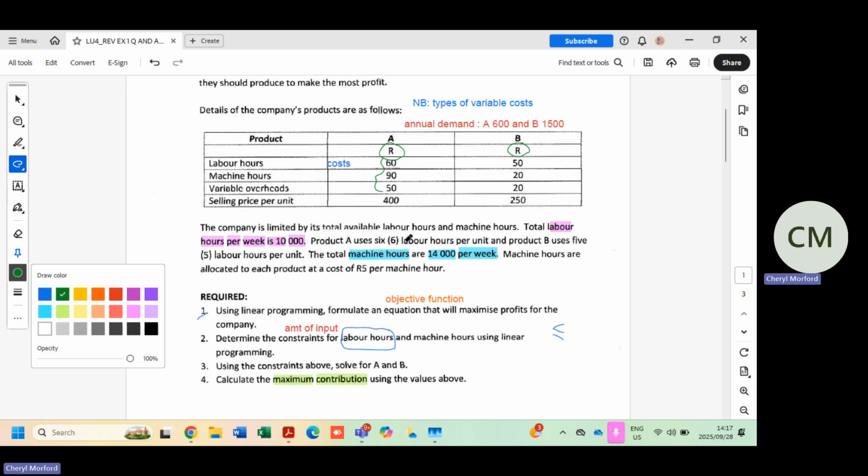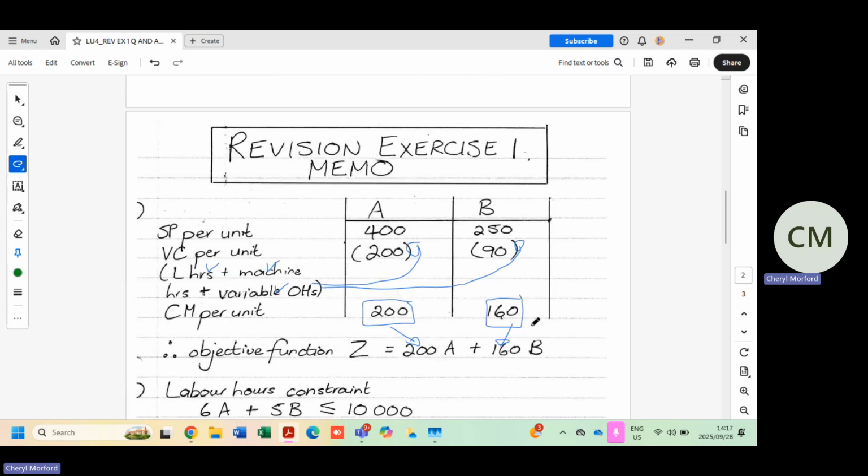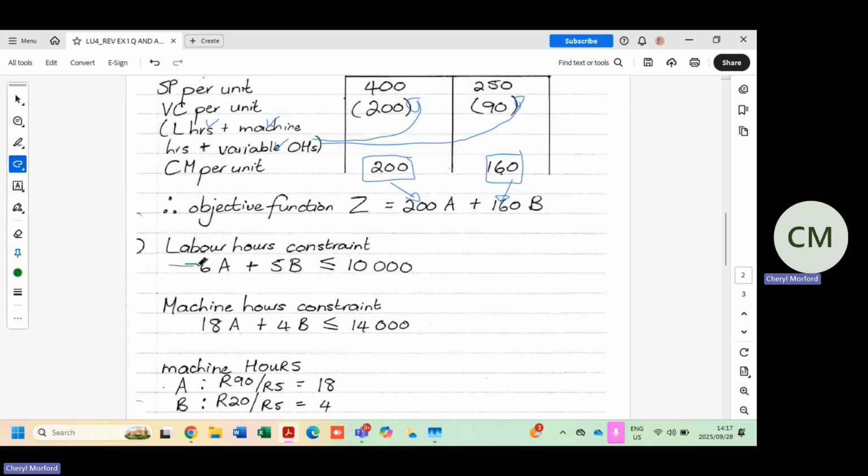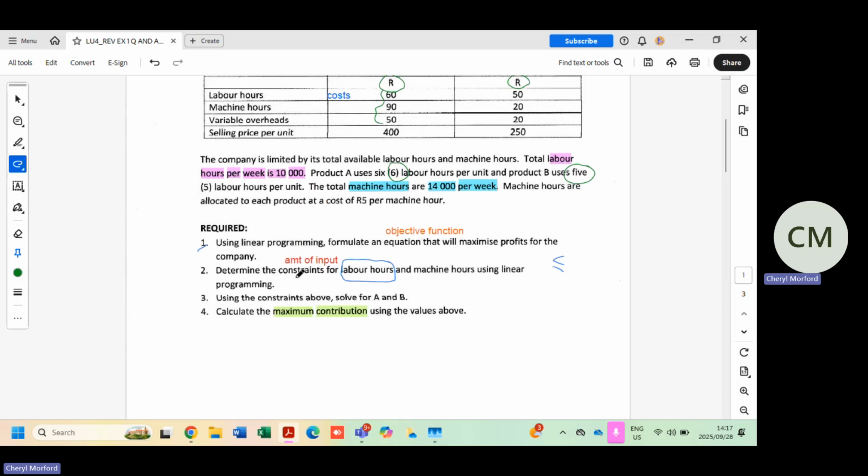Here it says product A uses 6 hours a unit and B 5. So how am I going to write that up? Here we go. For the labor hours constraint, 6A plus 5B less than or equal to the 10,000 hours. So 6 hours to make a unit of A and 5 hours to make a unit of B. That's how we write up the labor hours constraint.